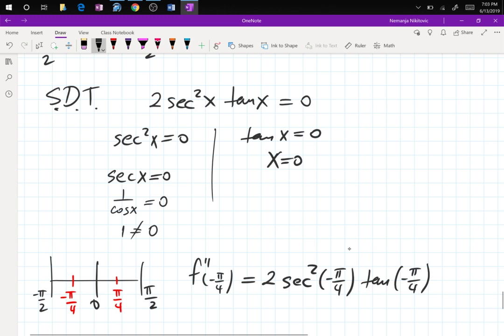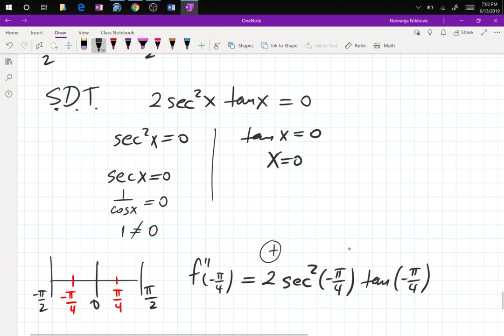Now, you can take your calculator and compute this. Fine. Or if you know even and odd functions for trig, you immediately see this is negative. Because secant is 1 over cosine. Cosine is an even function, so it always gives us a positive value.